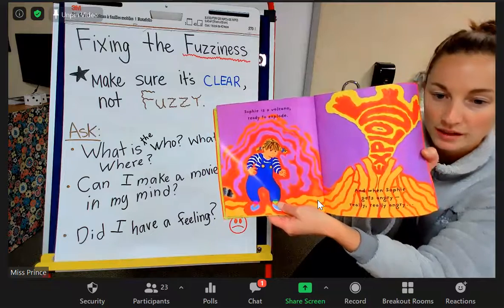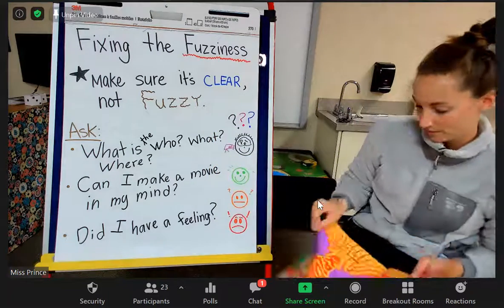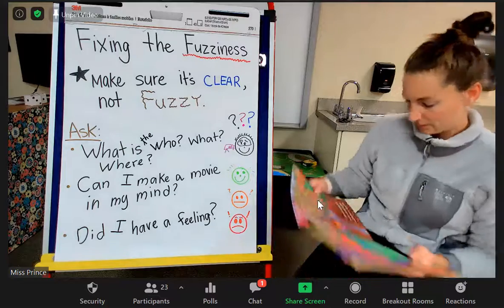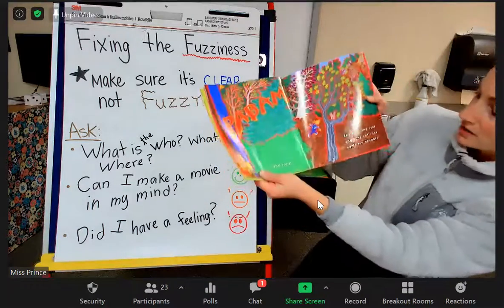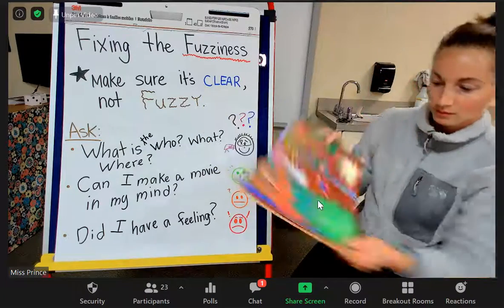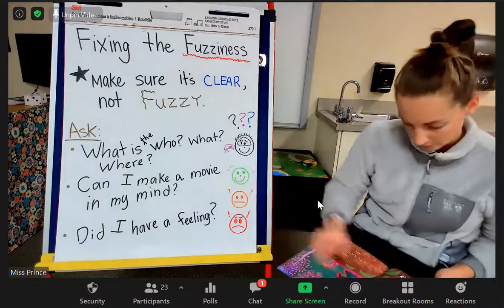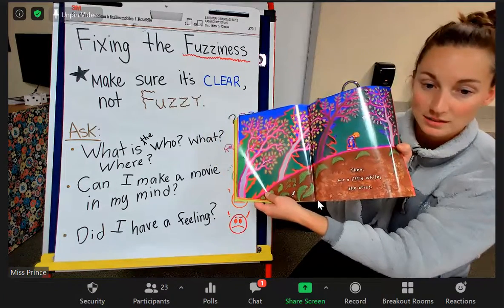And when Sophie gets angry, really, really angry, she runs. She runs and runs and runs until she can't run anymore. Then for a little while, she cries.